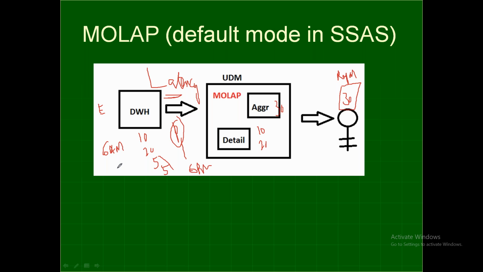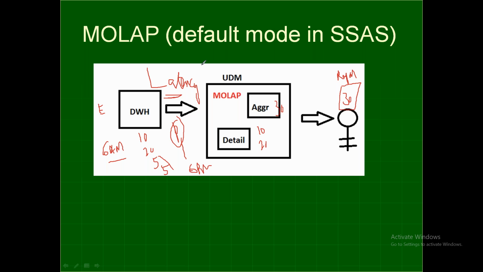The only problem with MOLAP is latency, delay. What do you mean by delay? The data warehouse is getting the data every week or every month, and until and unless you process the cube, or you may be processing the cube in the evening, you may be getting the data in the morning. So what happens is a delay here. So that is the MOLAP disadvantage. Clear?